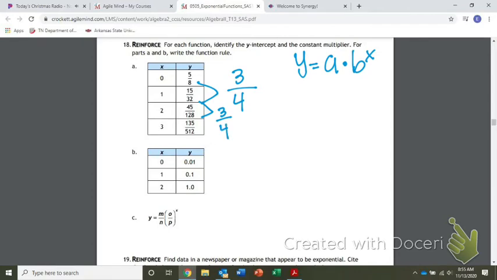So now, you have your y-intercept, and you have your constant multiplier. So my a value is what, Megan? It's my y-intercept.